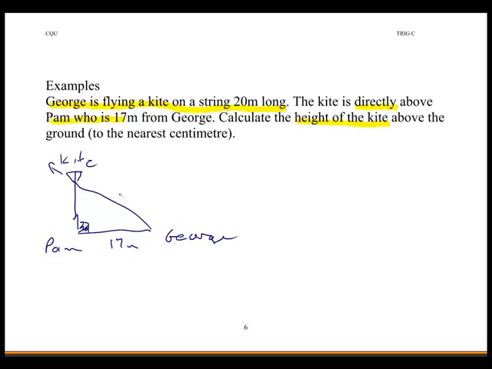So in this problem here, you're assuming that George and Pam are horizontal to each other. So once again, label it. We can use Pythagoras. So we're going to rearrange it to find b.